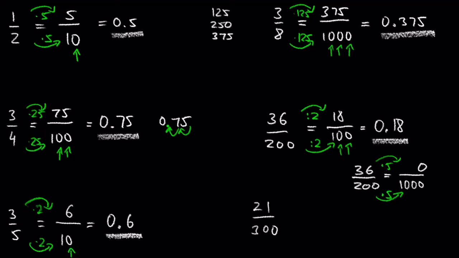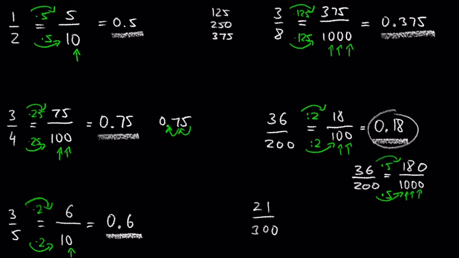So we get 180 over 1000. So 3 zeros after the 1 in the denominator. So we get 0.18, which is the same answer we got when we solved this problem by simplifying the fraction to lower terms.